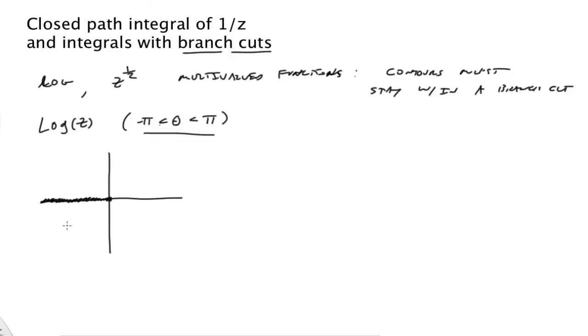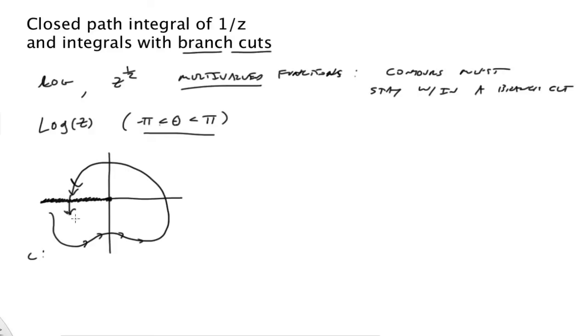Okay, so that means that if I have some contour in the plane, whatever it does, if it goes around like that, it can't cross that boundary. If it crosses that boundary, then the multi-valued nature of the function takes over, and it's ambiguous.